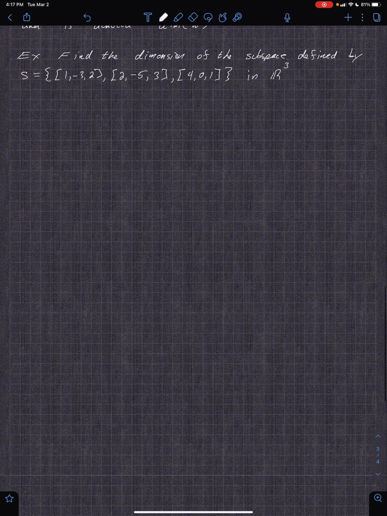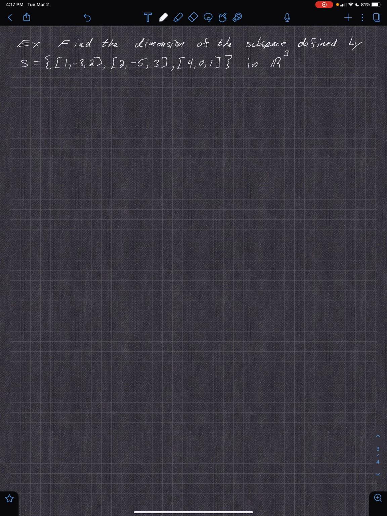Let's go ahead and write that out. You form your matrix just like it says: 1, -3, 2, 2, -5, 3, 4, 0, 1, and then you reduce that. You can do everything on a computer or calculator.